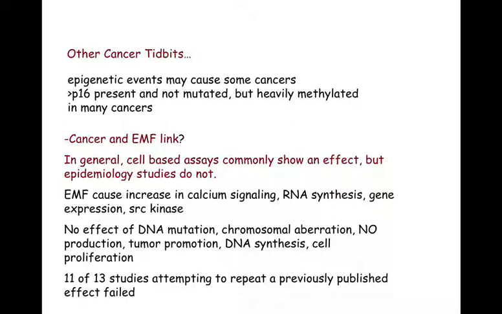There are examples like, for example, p16, which is a possible oncogene, but it can be not mutated, but heavily methylated in many cancers. So it affects its ability to be transcribed, which is essentially a similar effect as if it were mutated.